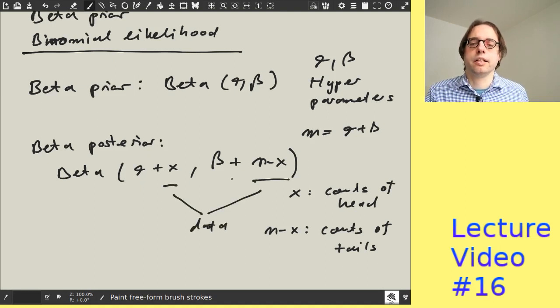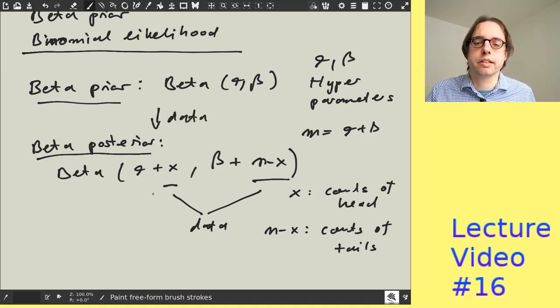That's exactly what we're doing in Bayesian statistics. We go from a prior that describes our uncertainty of a parameter, in this case p, with data, to the posterior. So there is no wonder that the posterior includes the data, and it also includes the prior, characterized by these two parameters.